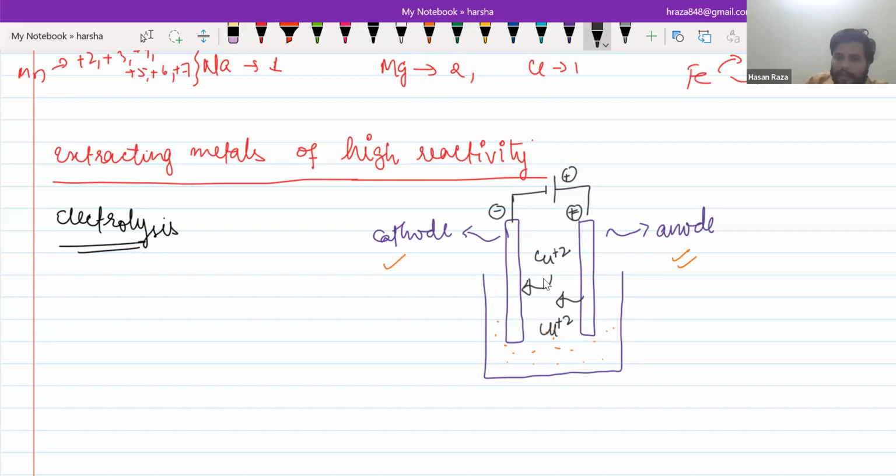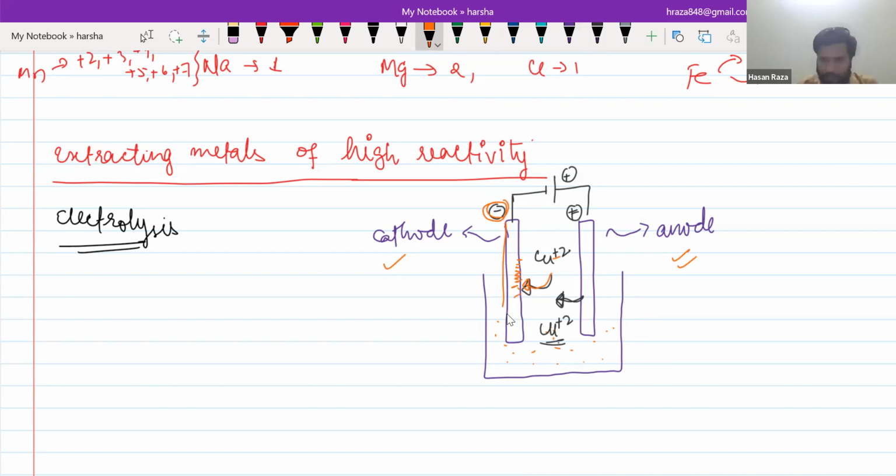Copper will be dissolved in this solution and form Cu plus 2. As you know, this is the negatively charged electrode, so Cu plus 2 will be attracted by this electrode and it will go and stick here.